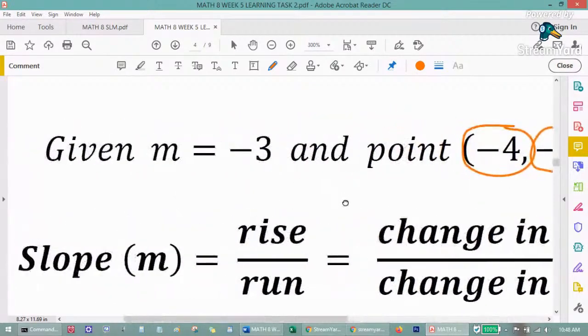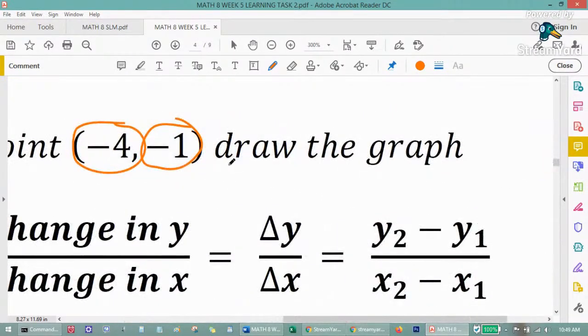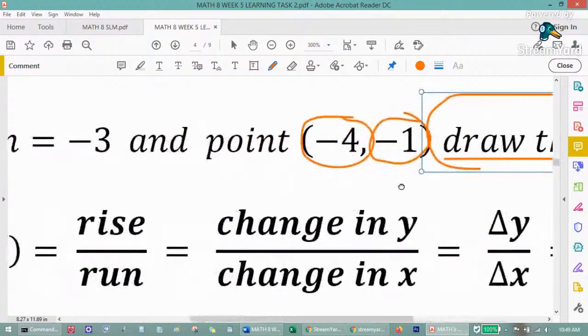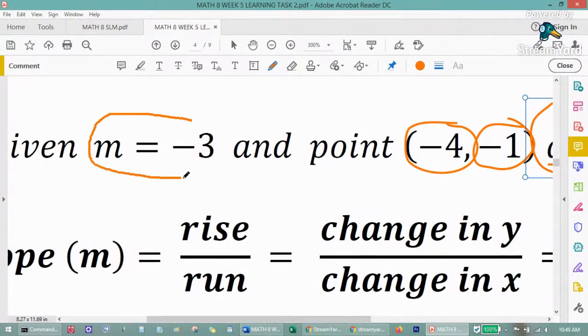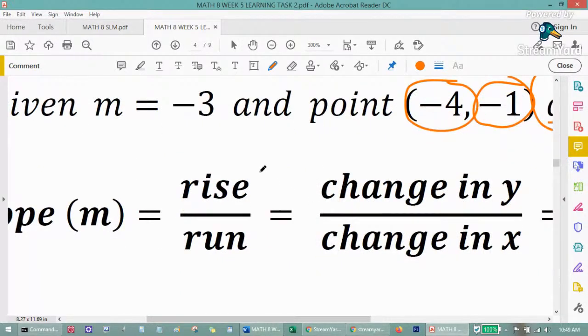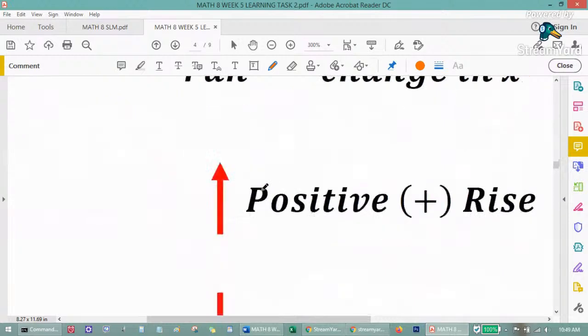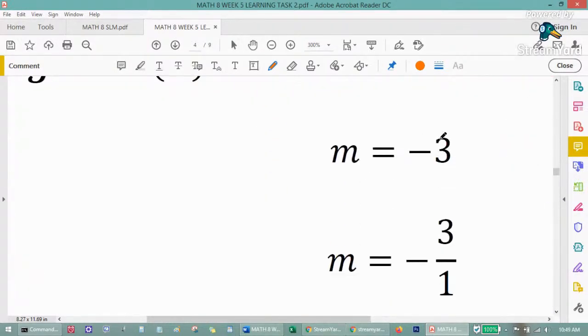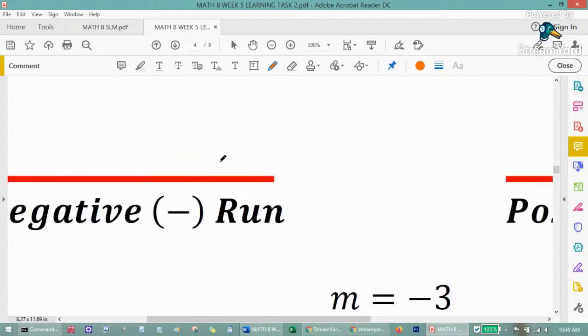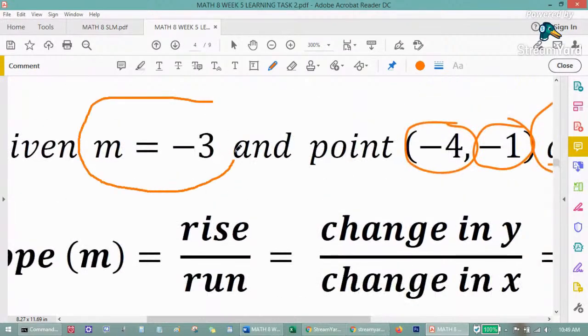Draw the graph. So, ang pinapadraw sa atin ng graph, but ang binigay lang sa atin is the slope which is equal to negative 3. So, para maging rise over run to, kailangan i-convert natin to into fraction. Okay, para maging rise over run. So, yung m is equal to negative 3.